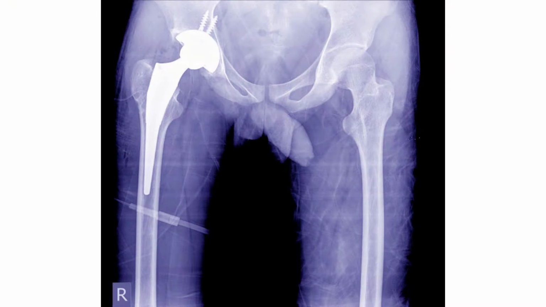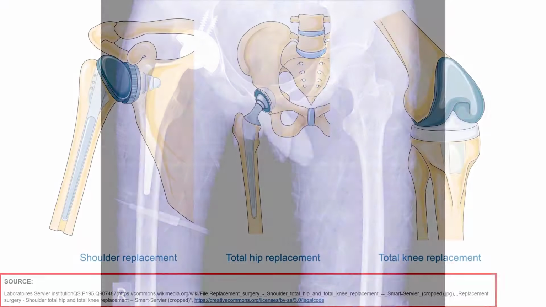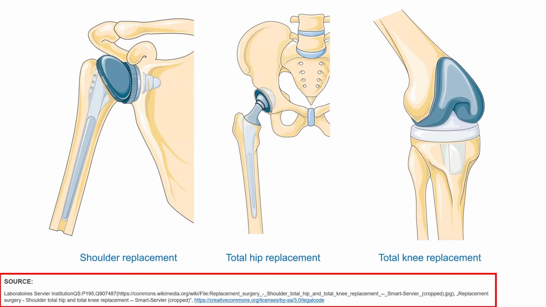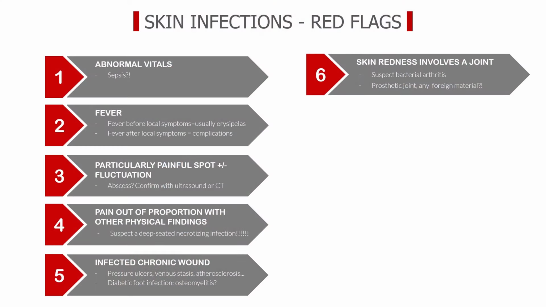Almost always a surgical procedure will be necessary. This material will need to be removed or replaced, otherwise this infection will not be resolved. Many patients have total hip replacement, knee replacement surgeries. I don't care if it was done 20 years ago, this can still get infected. So please remember, if the redness of the skin affects a joint, this is a red flag and you should suspect septic arthritis.